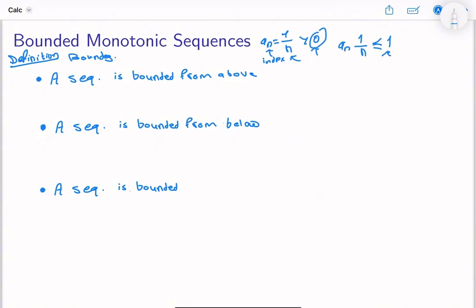So this is the notion of boundedness, and in a more formal way, here's how we define it.